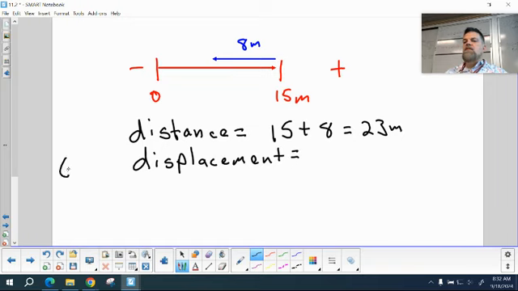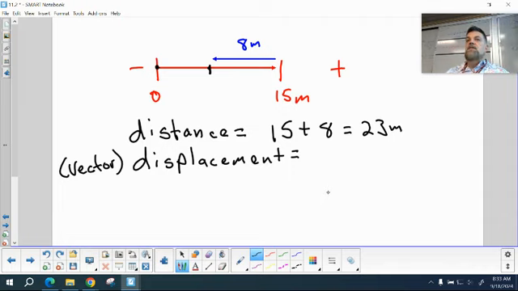Displacement is a vector, so the direction matters. Displacement is saying, where did I end up? Displacement has a tendency to focus on where you start and where you finish. Distance just measures how far you go.